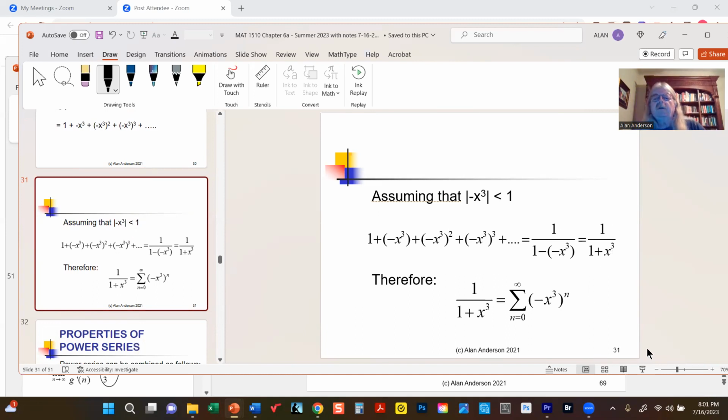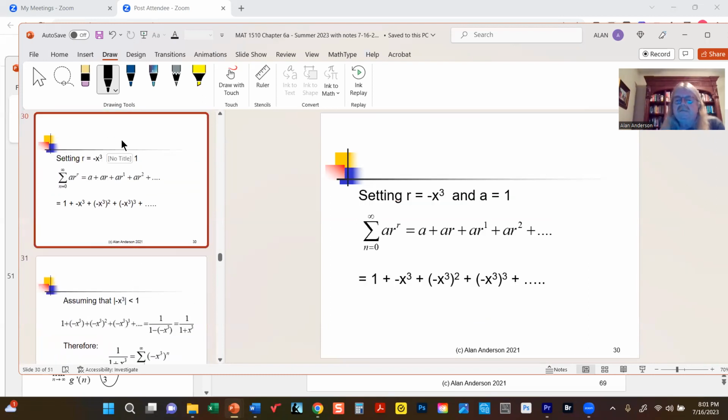So basically, what we've done is think of this as r, this is r squared, this is r cubed.